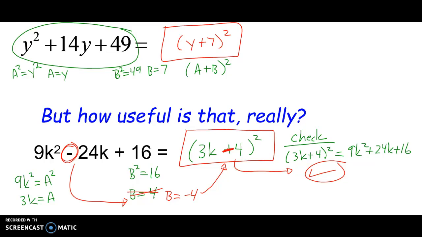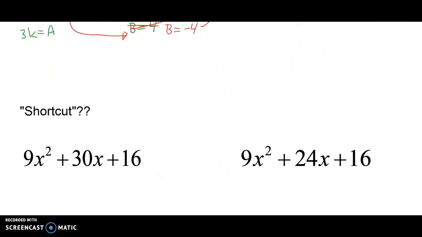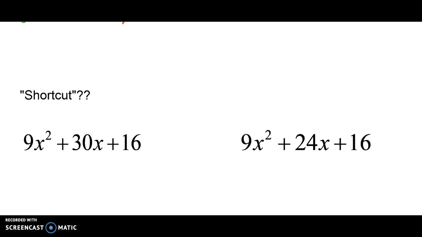And when I say pay attention to the middle term, sometimes you've really got to pay attention to the middle term. Look at these two problems here. The one on the left and the one on the right have the same beginning, the same end. You'd say, oh, it looks like a is 3x and b is 4. And you'd say the same thing for this one.